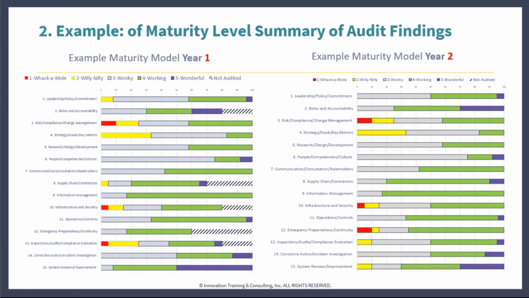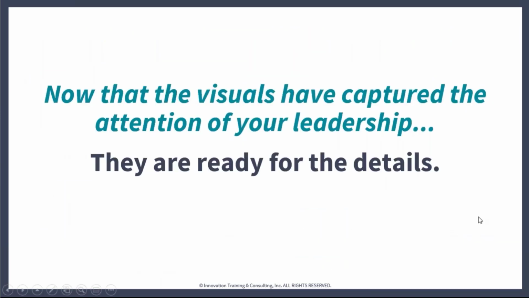So now that the visuals have captured the attention of your leadership, remember that airplane cockpit, they're used to seeing visuals. Now that we've got their attention, they're ready for the details. And so when you talk about prioritizing action, I think in terms of seriousness and how fast we need to move. What's here is serious.